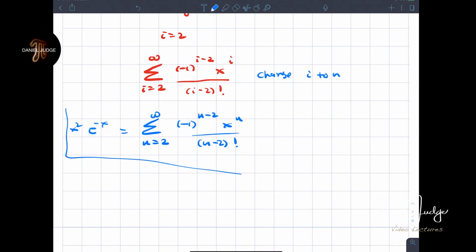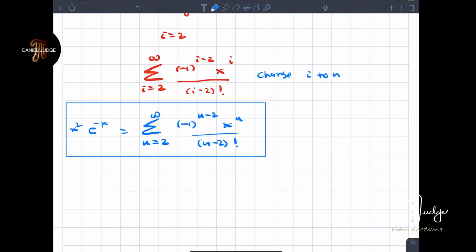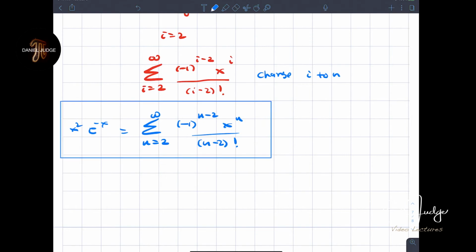Anyway. Okay. Well, that's how we find the power series expansion for some of those functions.